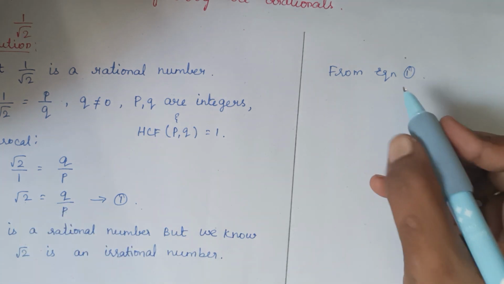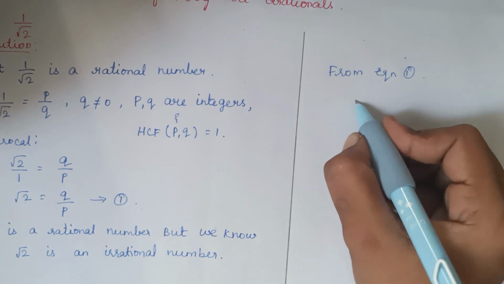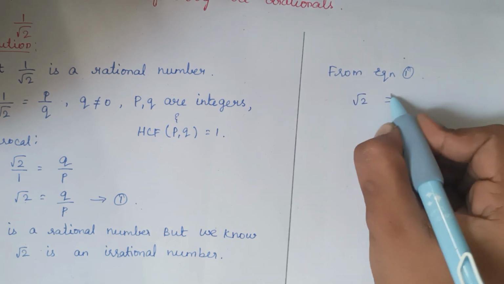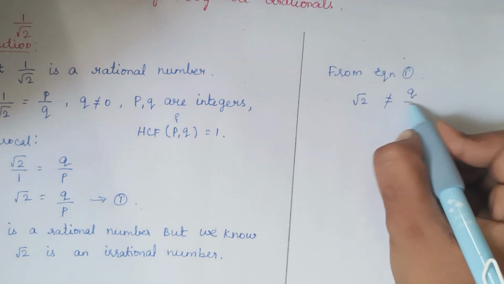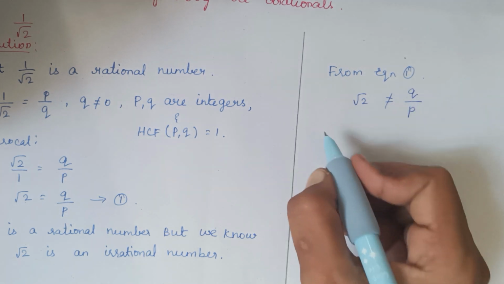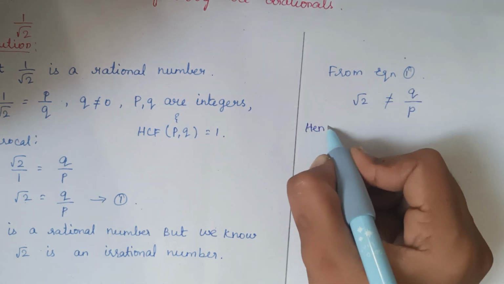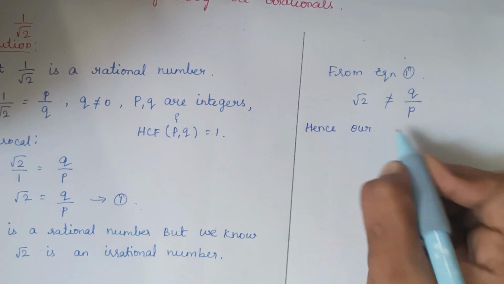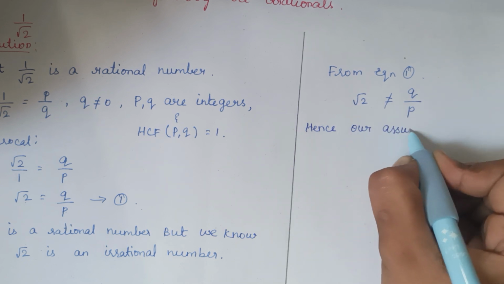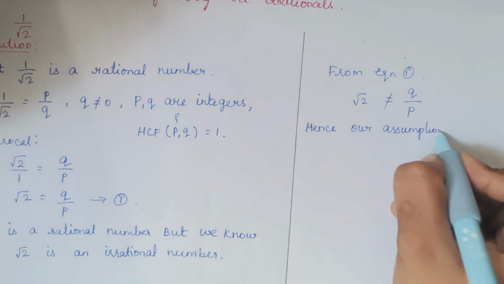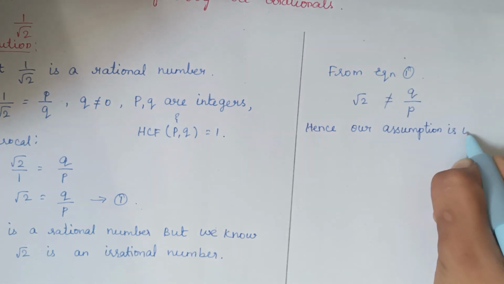So root 2 is not equal to q by p. Hence our assumption is wrong.